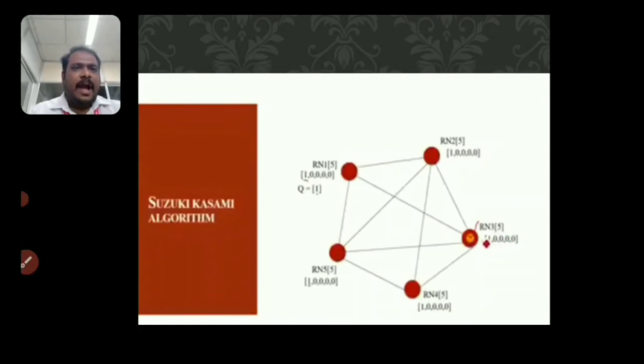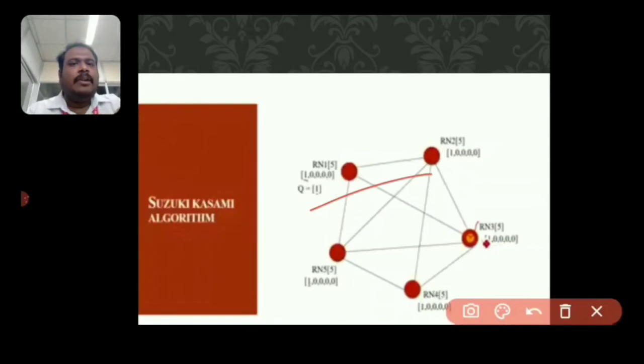Okay, right. Now have a look at this diagram. That is Rn1, the first site. Rn1 wants the token to enter into the critical section region, so I am marking it as 1. It needs a token to enter the critical section, so it is broadcasting a message to all other sites, so that all the other sites are marked as 1.